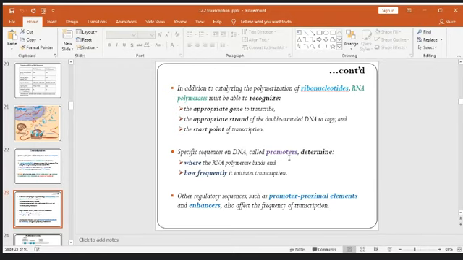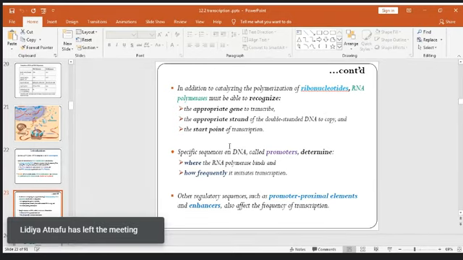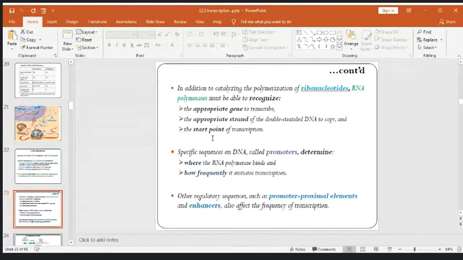And the RNA polymerase is also responsible for identifying the start point of transcription. So the specific sequence on DNA which can be identified by the RNA polymerase to start the transcription process is called the promoter.